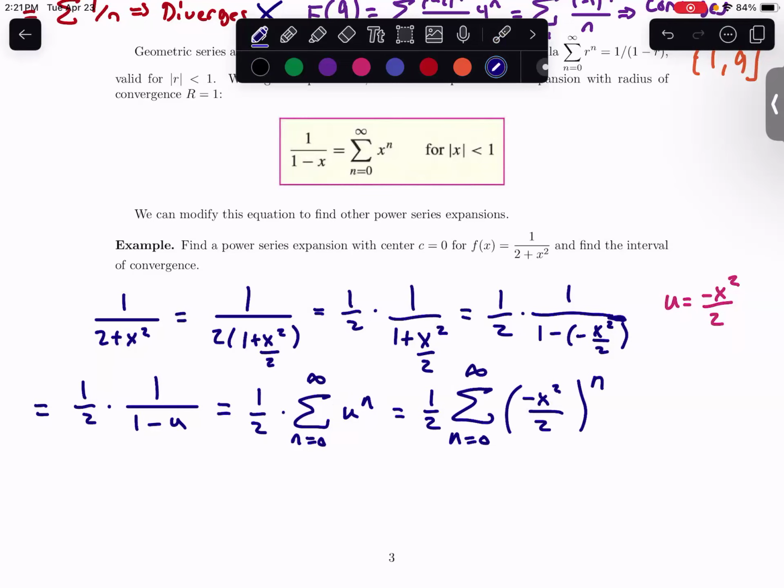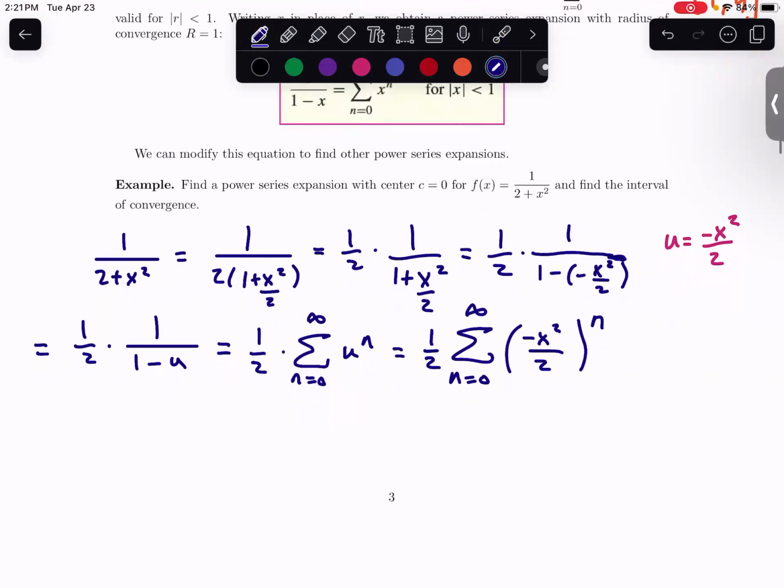And so we're going to go a little bit further than this. I'm not really sure on the homework assignment how far it wants you to go. But in general, you want to write with as much detail as possible. So if we have minus x squared to the nth power, this is really the same thing as having minus 1 to the n multiplied by x squared to the nth power, right?